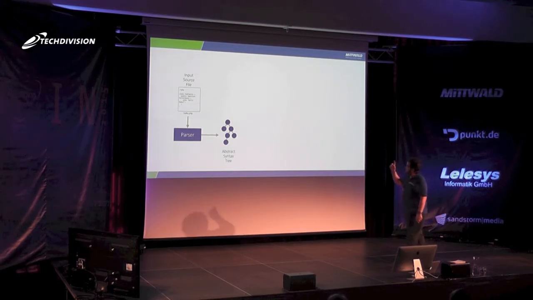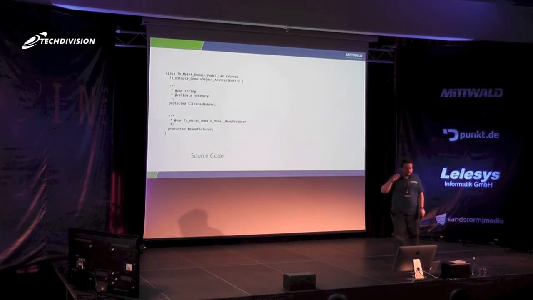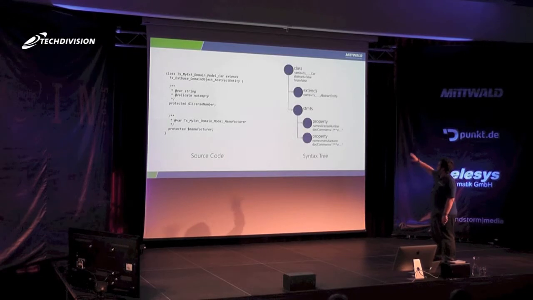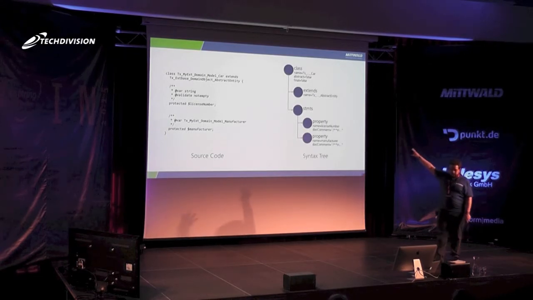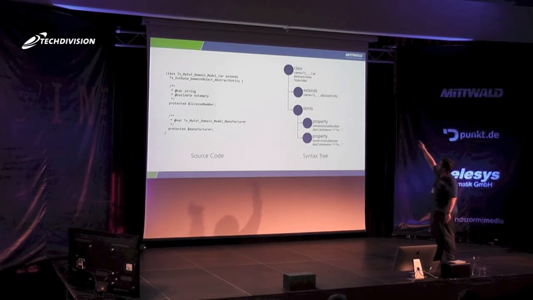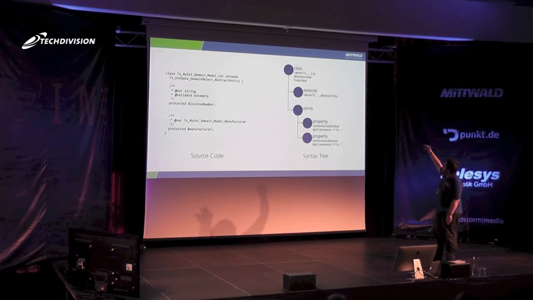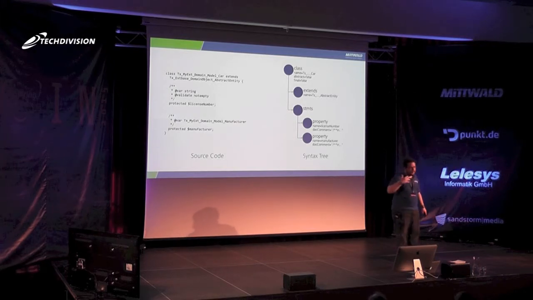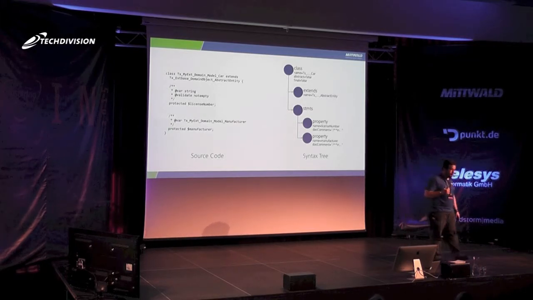And let's have a look at our example from before. A simple class definition in source code would have the equivalent syntax tree that we see on the right here. So we do have a class node with the class name as attribute, and some other class properties that we have extended. There are statement nodes inside that, and that can get arbitrarily complex, and it does.